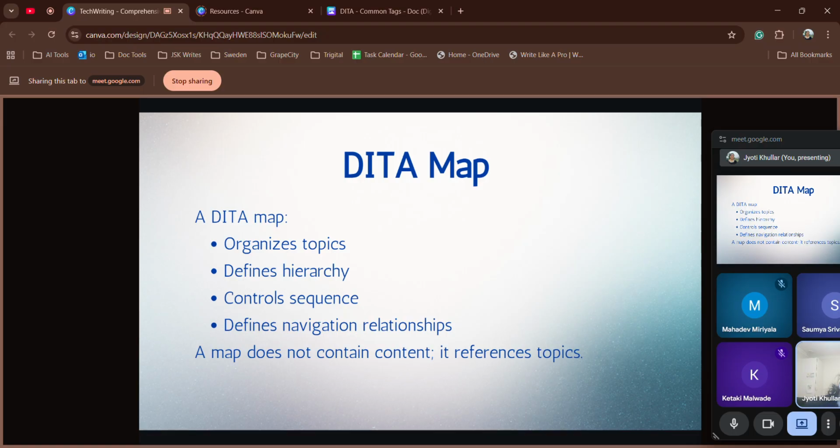You will define navigation relationships, like कैसे, कहाँ से, कौन से टॉपिक पे जंप करना है. All those things will also be defined by the map. Map will not contain any content. It just references the topics. तो इस चीज का ध्यान रखेंगे. It just references the topics that you have already created based on your information typing.